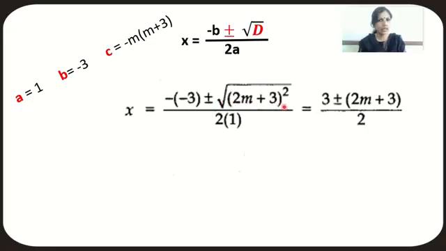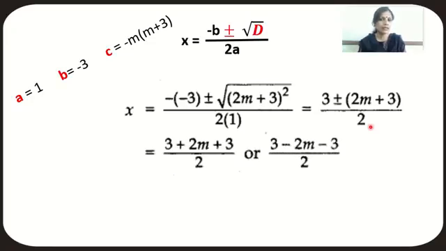And if we take that out from the square root sign, we will get 2m plus 3 upon 2. So 3 plus 2m plus 3 upon 2, or 3 minus 2m minus 3 upon 2. Alright, because of plus minus, one value will be with plus and one value will be with minus.